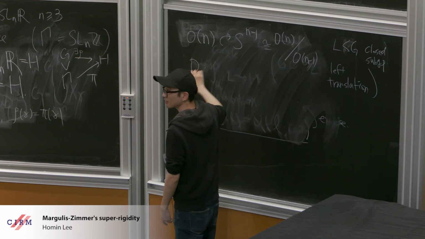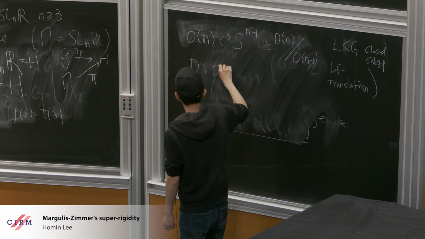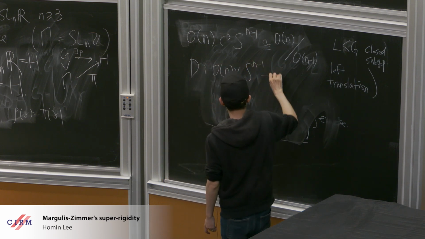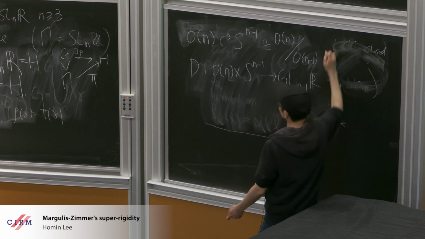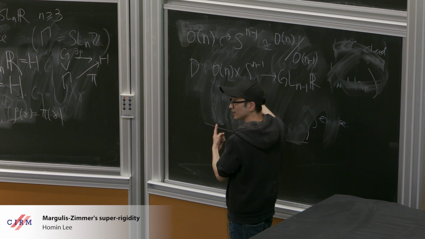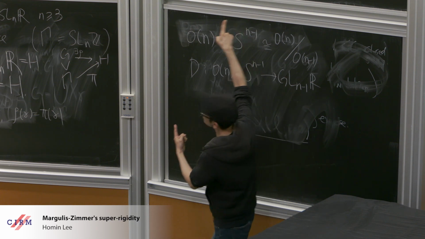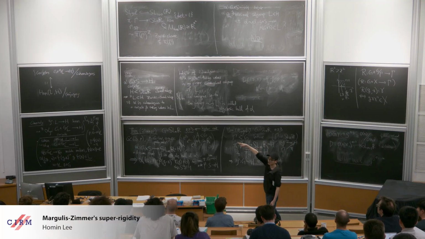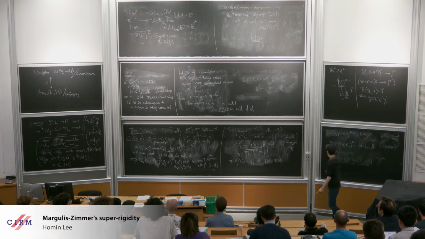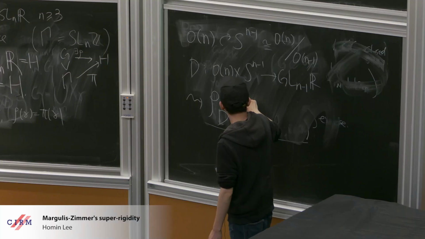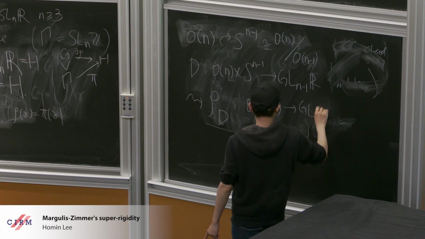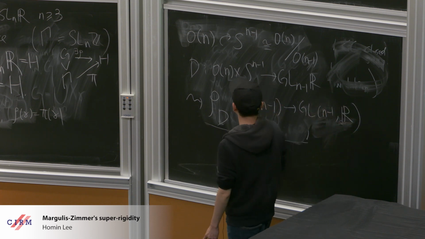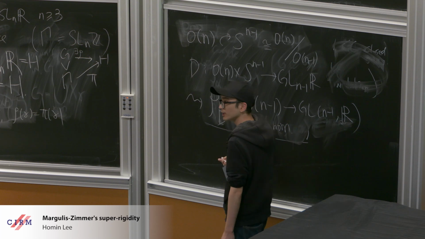And then now you can take a derivative cocycle into GL_(n-1)(R). This is the transitive action. Then based on the correspondence, you should be able to find rho of D from O(n-1) to GL_(n-1). This is a homomorphism.